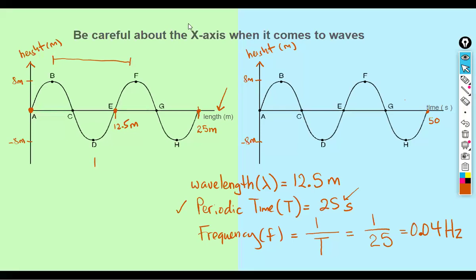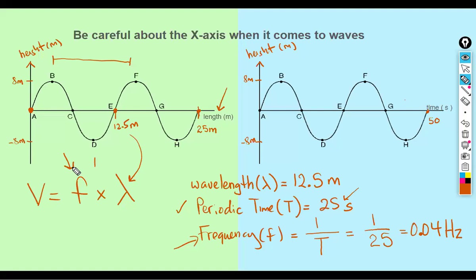The formula to calculate velocity of a wave is frequency multiplied by the wavelength. Now, you notice if I only gave you one graph, you wouldn't be able to calculate what? The velocity. Because from one graph, we were able to reason out the wavelength. From the other graph, we were able to get the periodic time, and from the periodic time, we would calculate the frequency.